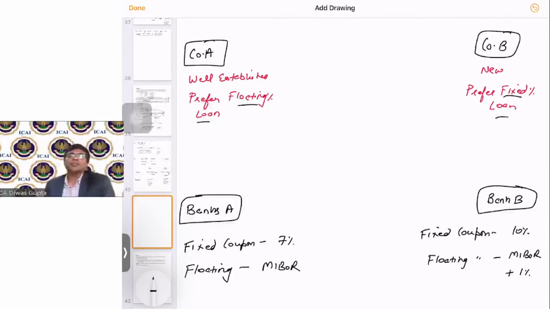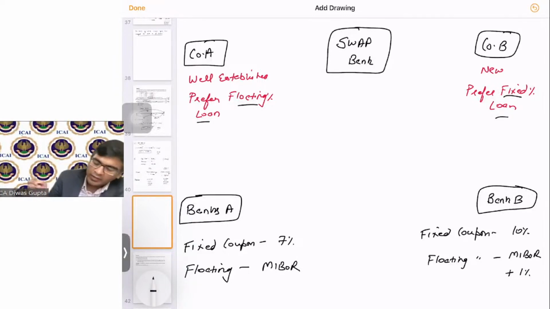So both of them know some other bank C, which is called a swap bank. In practical life, it can be even bank A or bank B also, but I'm assuming a separate bank here, which is called a swap bank. The objective of this bank is to make sure that both company A and company B achieve their objective vis-a-vis cost savings.